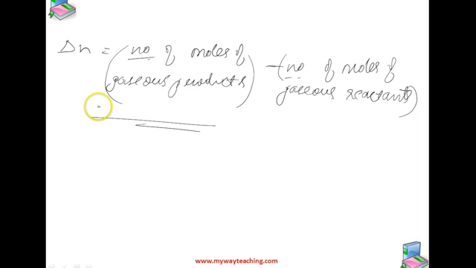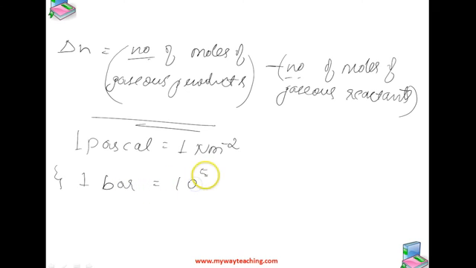While calculating the value of Kp, pressure should be expressed in bar because the standard state of pressure is 1 bar. And we know that 1 bar is equal to 10 raised to 5 Pascal. Remember this one.